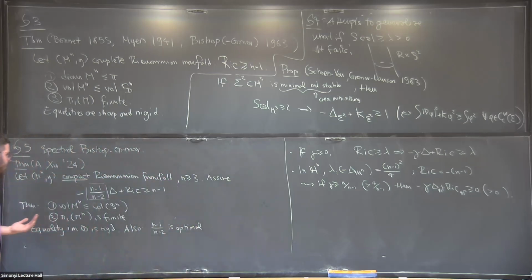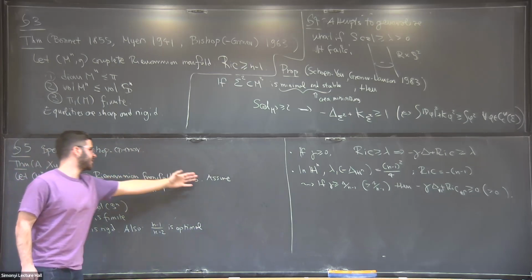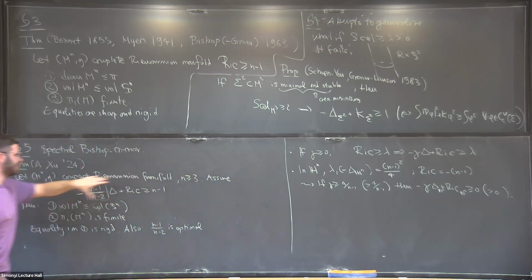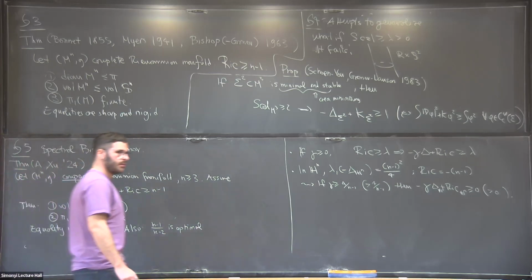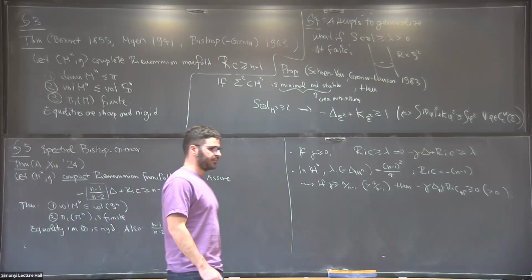In the sense that for every gamma greater than this number, I can find a compact manifold with dimension n greater or equal than 3, which satisfies this condition, and for which I have arbitrarily large volume, and the pi1 is not finite. But this example is not that one.